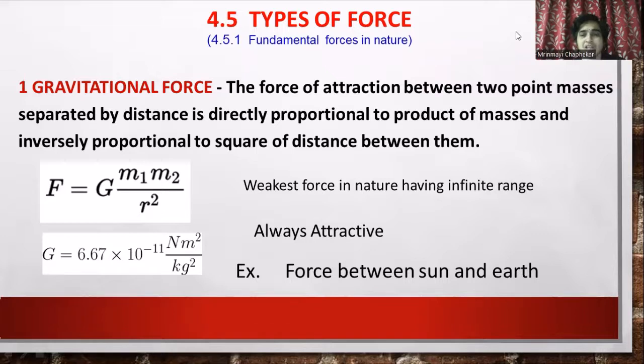Earth attracts the apple with the same force with which the apple attracts the earth. The only difference is that the apple has very small mass, so we see its acceleration while falling, and the earth being very massive, it doesn't move. We don't see it moving from its place. So the force is between two bodies, and both bodies attract each other with the same force.